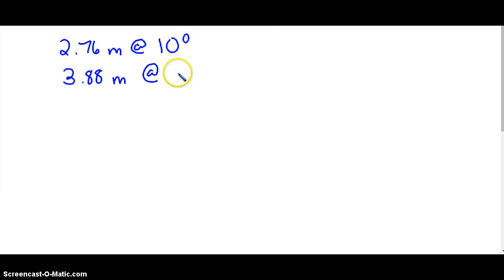So let's just look at one final example of adding two types of vectors. We could have something like 2.76 meters at 10 degrees. And what if I said 3.88 meters at 35 degrees from the vertical, or from the y-axis? Sometimes you might hear something like this.